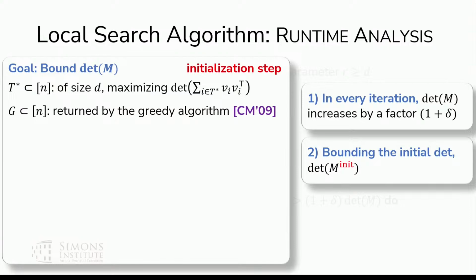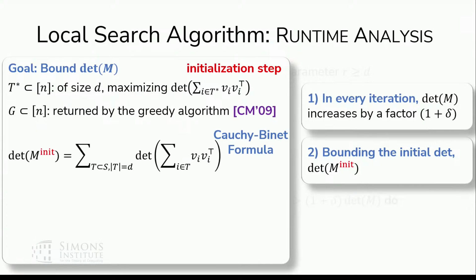So let's try to bound the determinant of M, the initial M. For that, let T star be a subset of size d of the input vectors whose outer product has the maximum determinant. And let G be the set that is returned by the greedy algorithm of Civril and Magdon-Ismail. It's very simple.